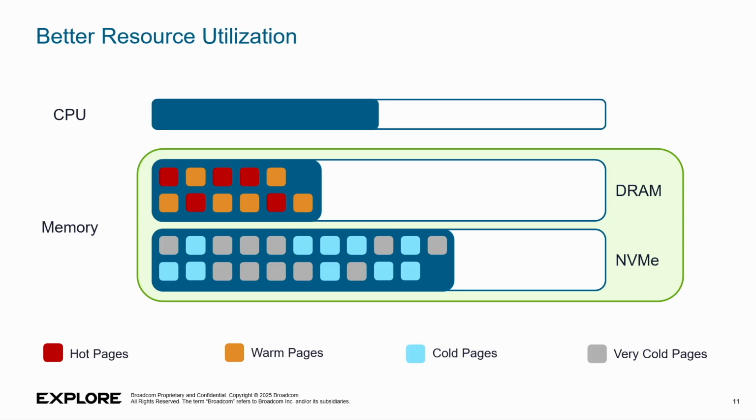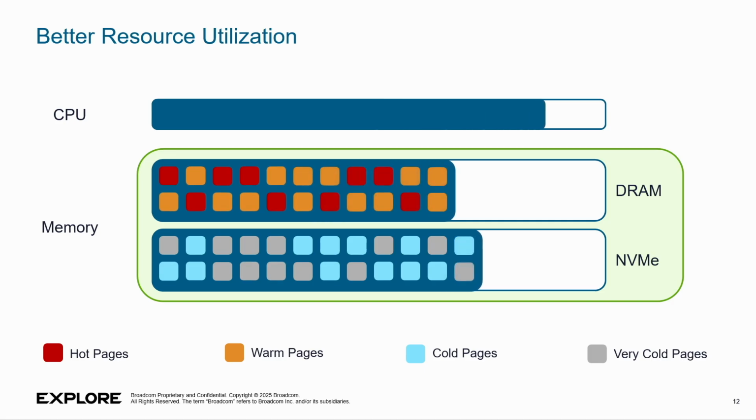Now, this is an over-exaggerated animation because we're not moving pages just because. Some of those cold pages may stay up there. We may get a lot more hot pages coming in, but we're trying to use as much of DRAM as we can. And when we have pressure, then we're moving those pages down to NVMe, right? So it makes sense. We don't want to just do it and get a performance hit just because.